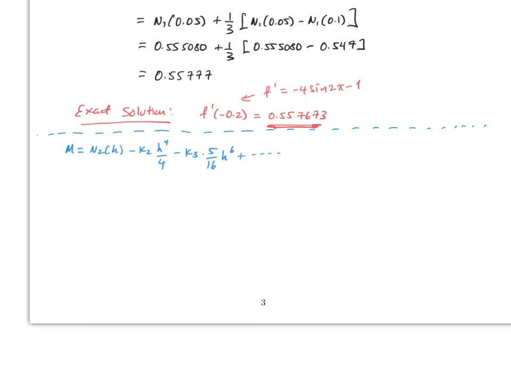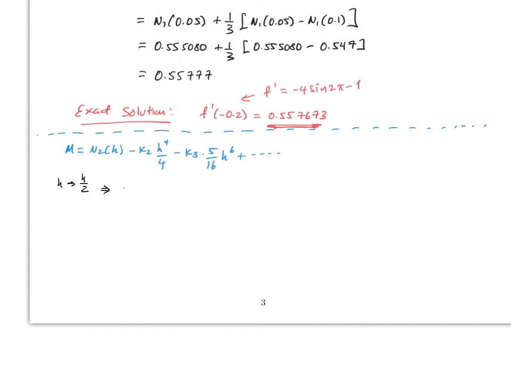And by finding N3, now this will disappear, so this will be O of h to the 6. Okay, the idea is the same. You still want to replace the new h by h over 2, which compared to the original one should be h over 4.